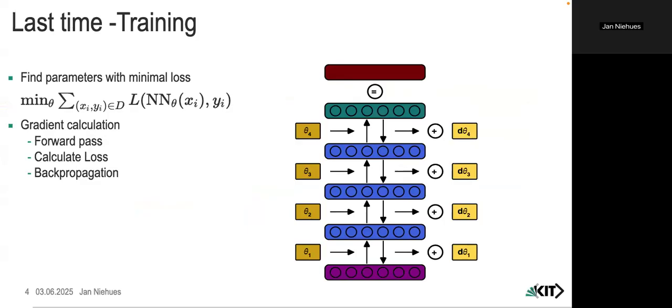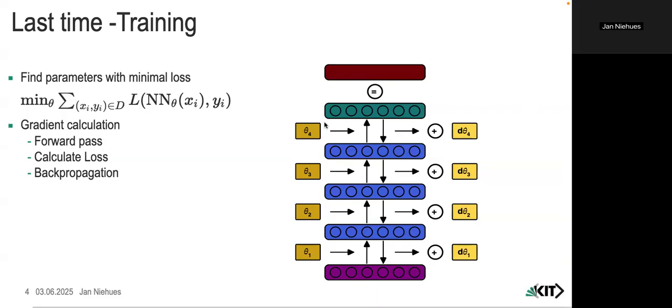We're generating the output of the network here and comparing it to the reference in the image. So we're comparing the green or purple output to the red reference, and then we're backpropagating the error.